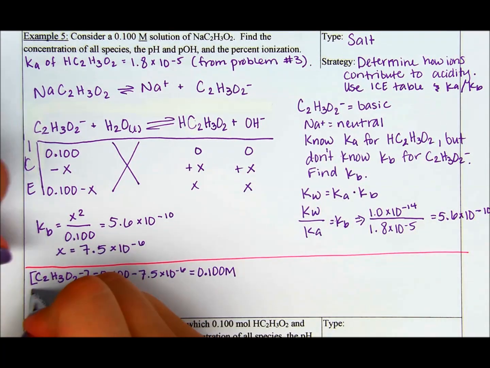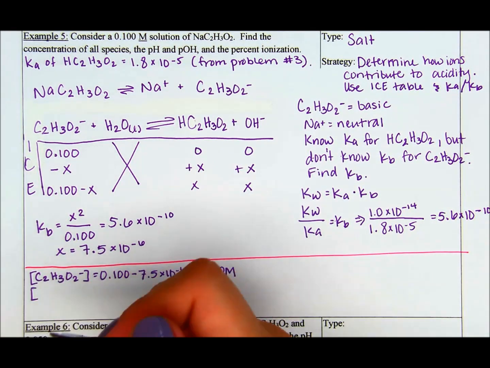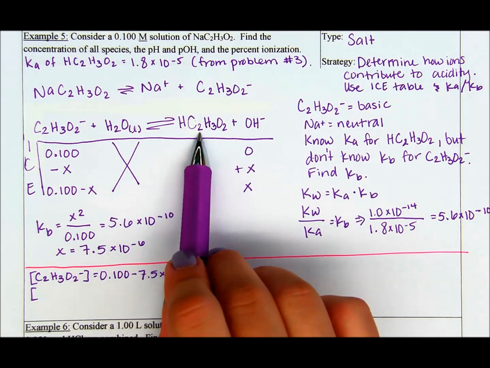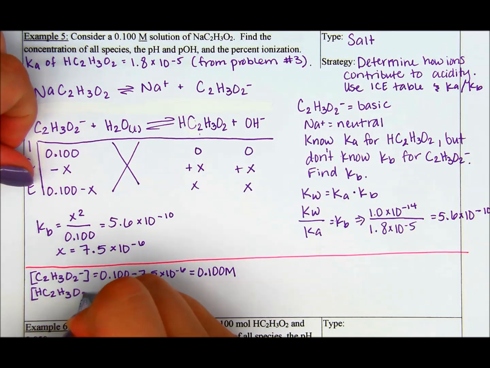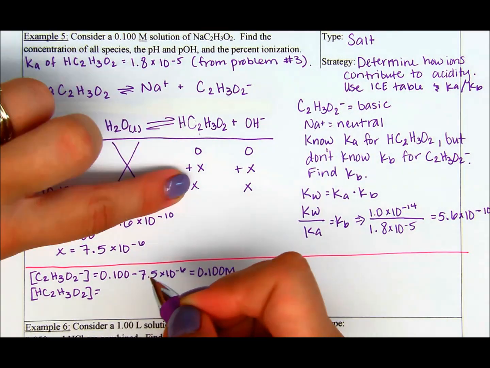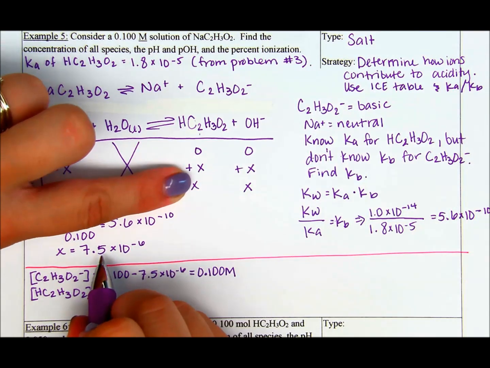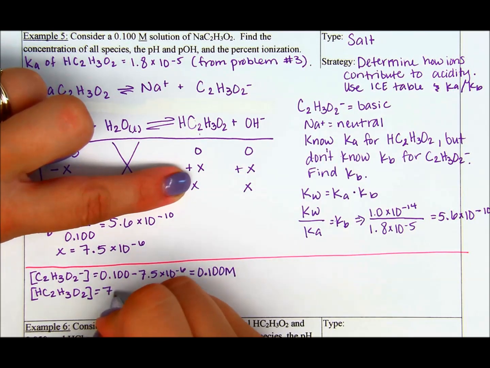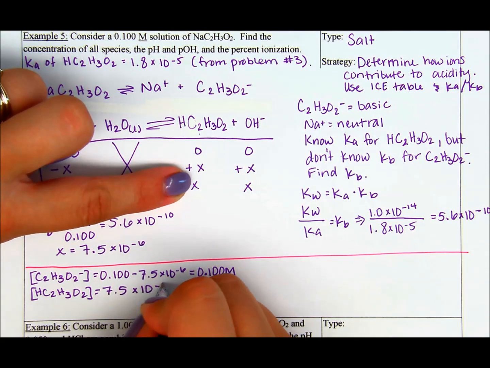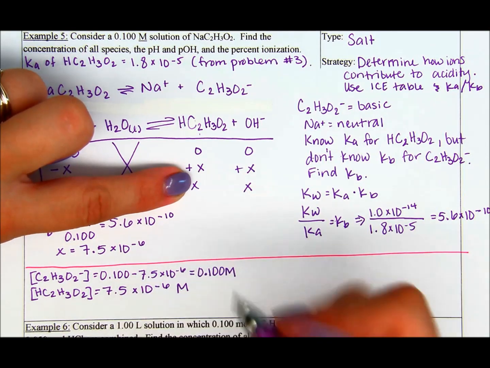Nothing's really changed, so not very much is dissociated. Now I'm going to do my concentration of the acid that I formed. Concentration of acetic acid is just X, so I calculated my X already, of course, to be 7.5 times 10 to the negative 6 molar.